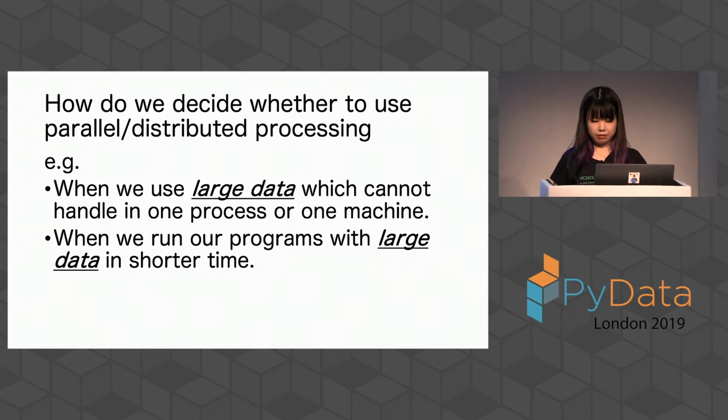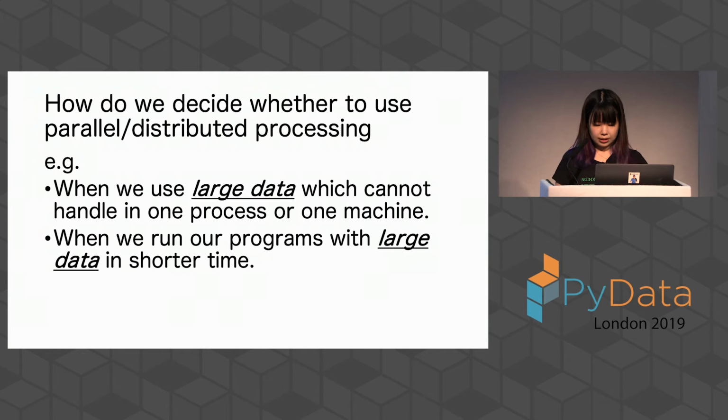The resources available in one process or one machine are limited. But if we use more data than the limit, we have to use parallel or distributed processing. It can solve the problem of lack of resources.